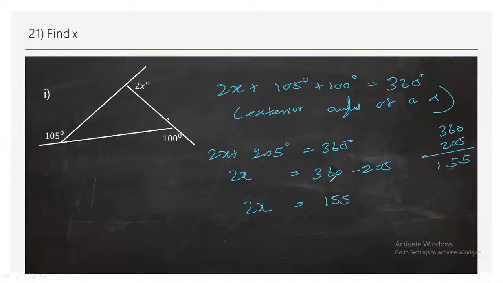Divide this side by 2, this side by 2. X equals 77 and half. X equals 77 and half.